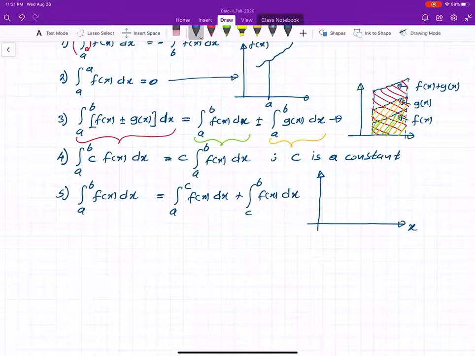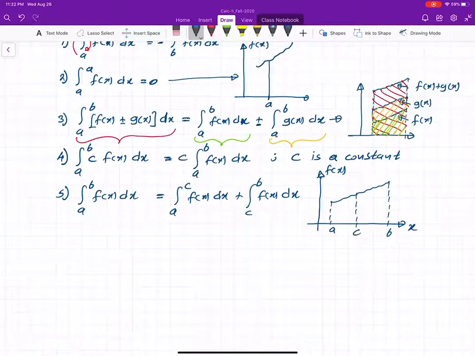Let's say this is x, that is f of x, and you have this function. All right, and then you have a here, and then you have b here. Luckily you have another point c. Okay, let me mark point c between a and b. It is not necessary to have c between a and b. You can have c outside of a and b, but for convenience I mark c between a and b.